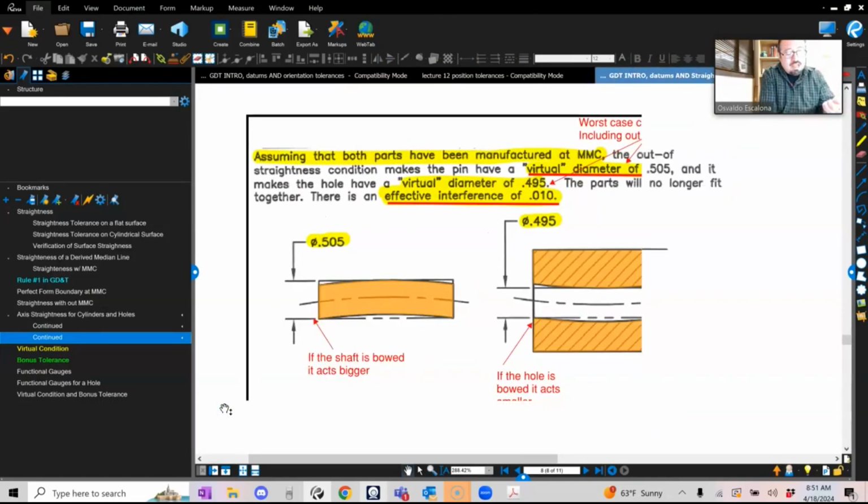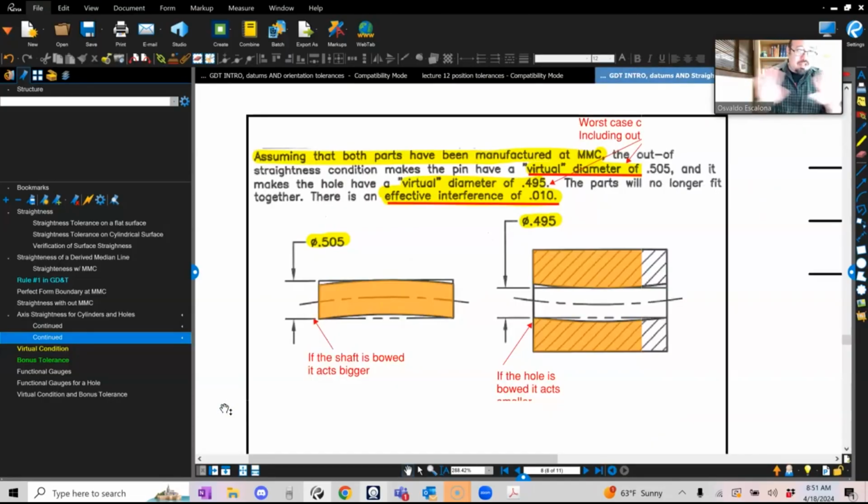Let's account for the size, which is the biggest it can get, the worst case mating condition between the hole and the pin. The worst mating condition will be when the pin is the biggest, and let's also add the crookedness in there. That will be the worst case condition: the biggest plus the crookedness. Let's do the same thing with the hole. Remember, the hole became smaller at MMC. But once I bow it and give it crookedness, my hole becomes even smaller. So let's take care of that.